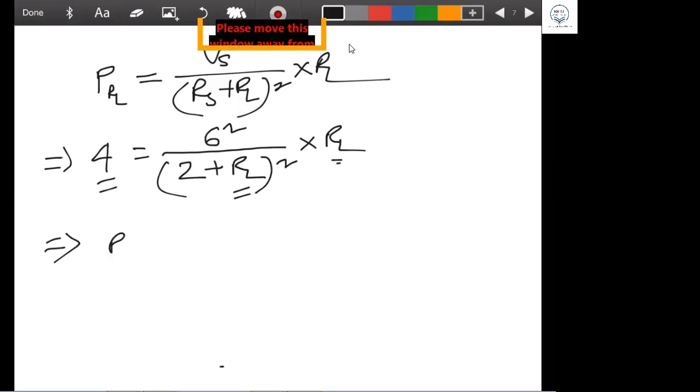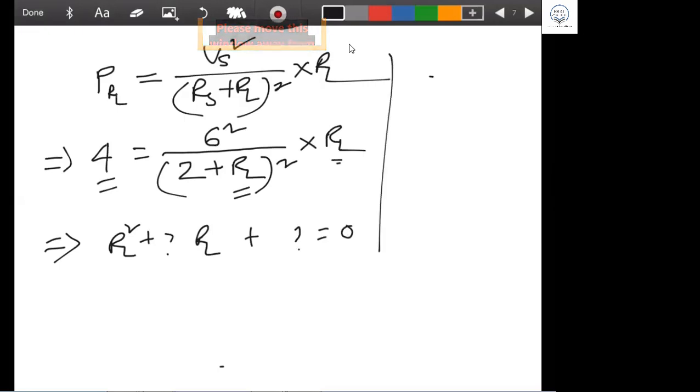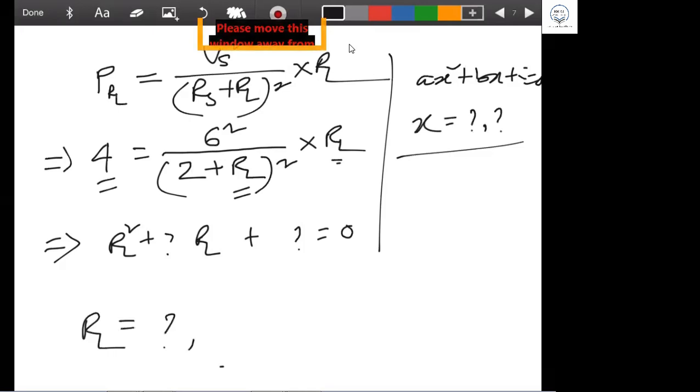If you want to solve for RL here, this will give you a quadratic equation, right? Have you heard the quadratic before? Yes, sir. What is this? Ax square plus bx plus c equal to 0. And what is x equal to? You get 2 values here, right? If you find the quadratic equation and the RL value, you get 2 values.